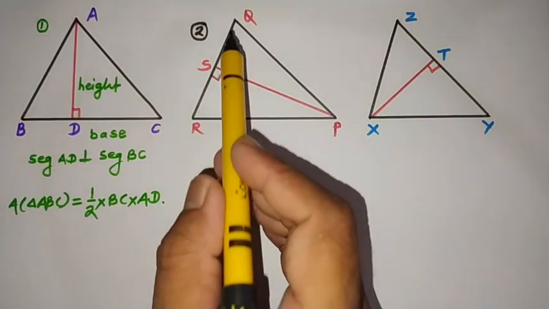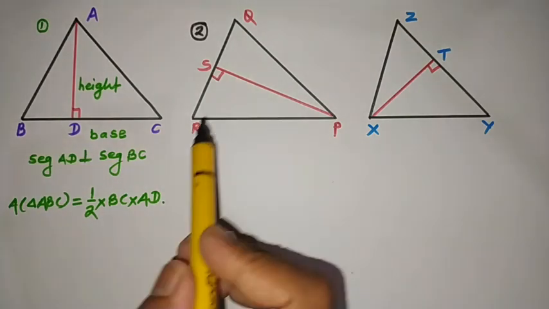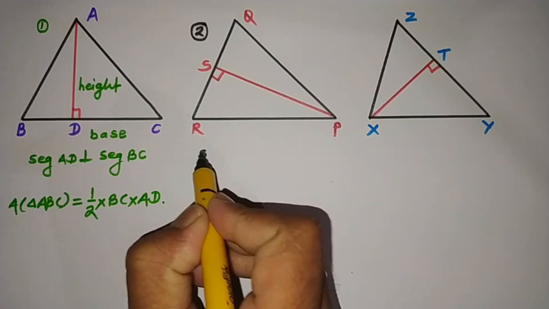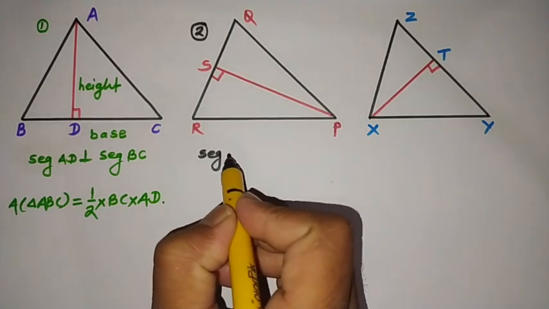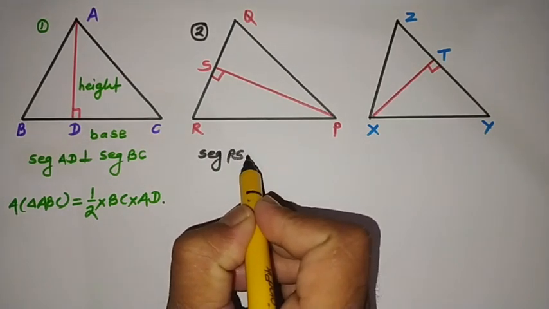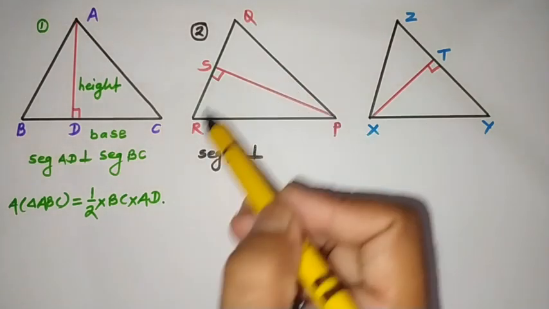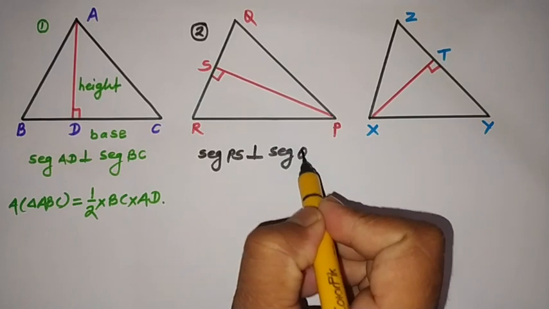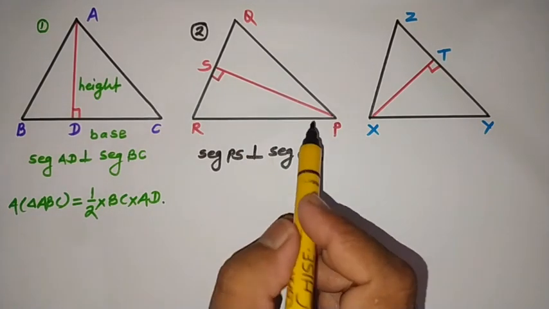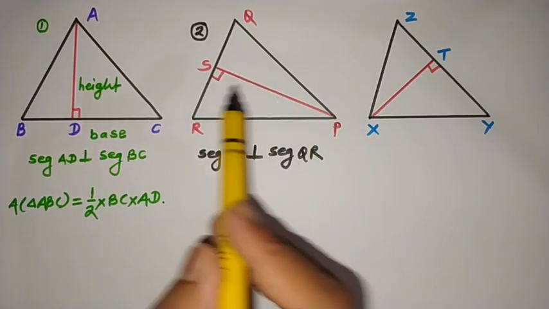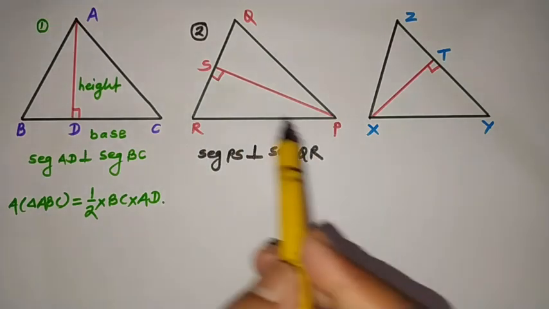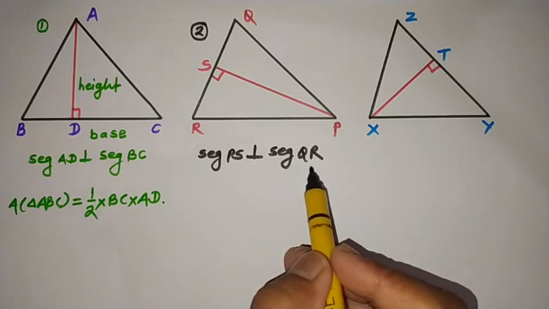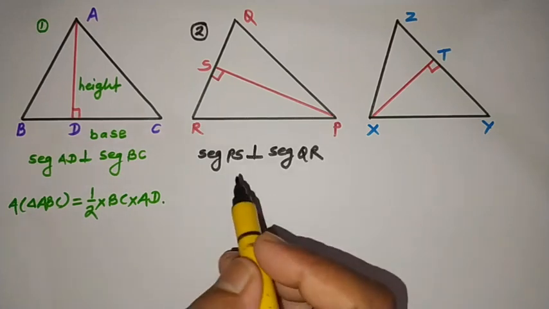See the second figure. In the given figure, segment PS is perpendicular to segment QR. Here the direction of the perpendicular has changed.